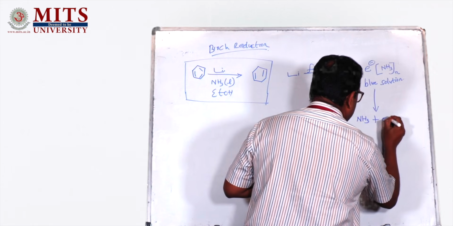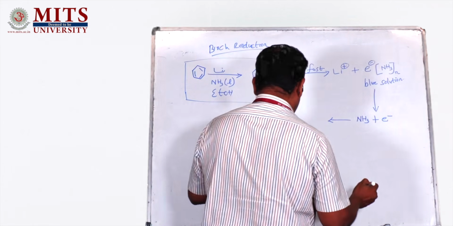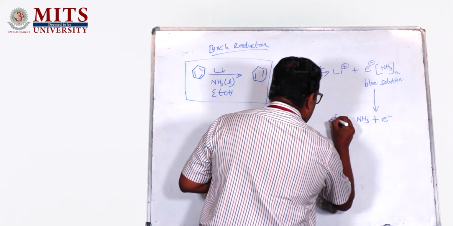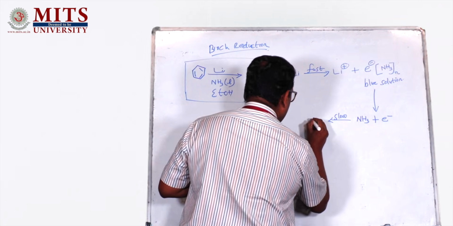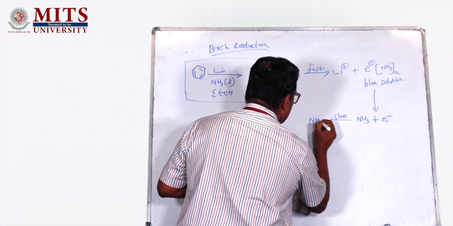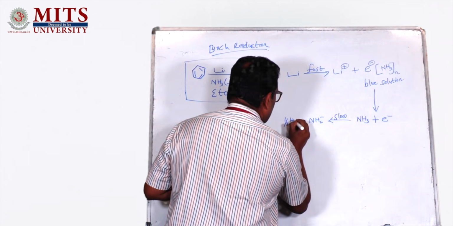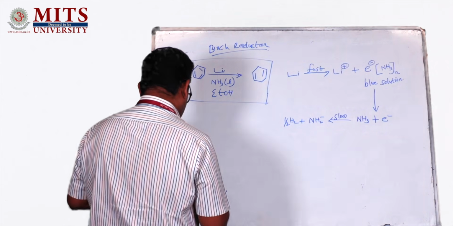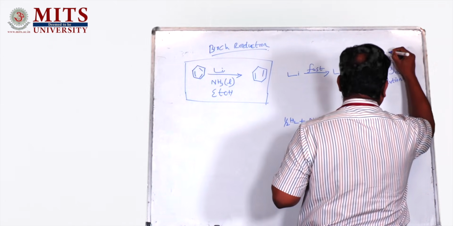NH3 plus electron gives again, this is very slow, NH2 minus plus half H2. So blue color means solvated electrons.